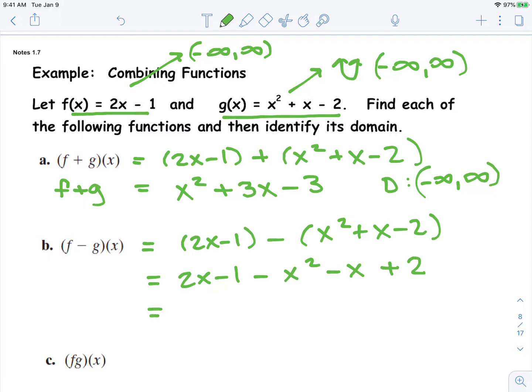Now we combine like terms. And what we get is a new quadratic function. The domain of this function is also all real numbers.